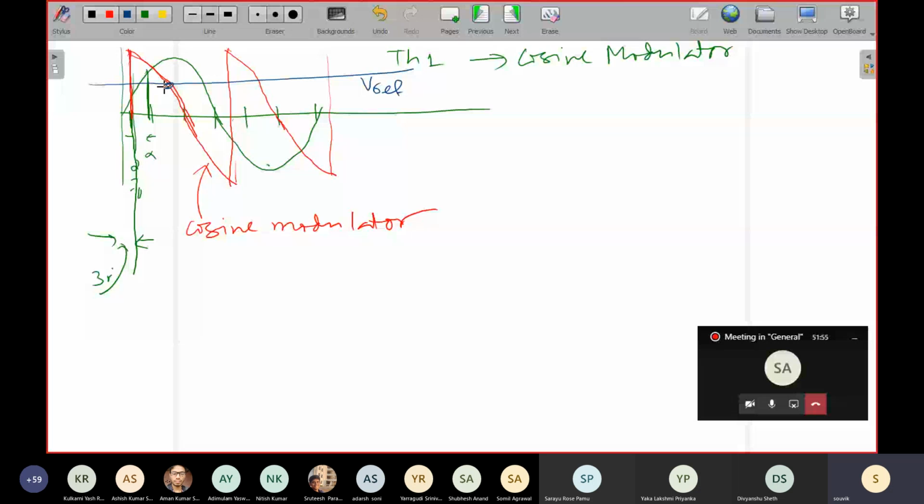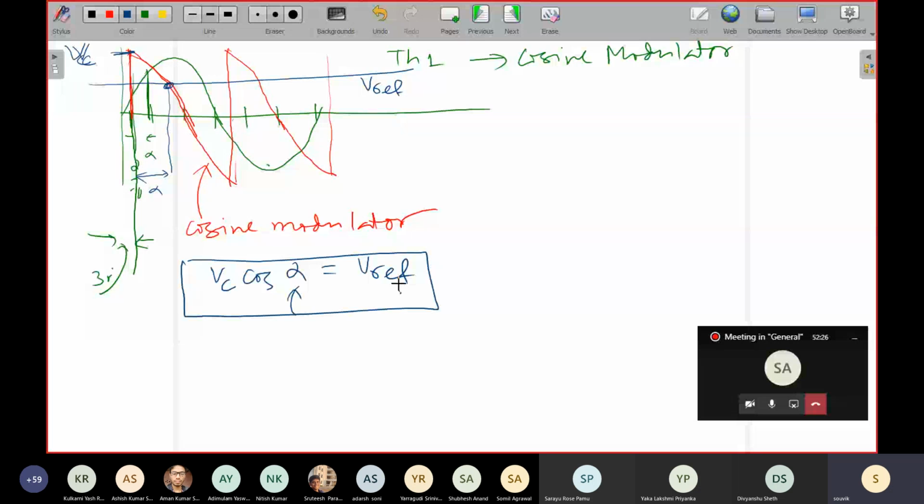That is the job of a cosine modulator. It should produce such an angle alpha, related to the reference voltage Vref. This Vref is eventually related to the output Vd, so that Vref and the eventual output Vd are linearly related. The modulator's job is to produce such an angle alpha.